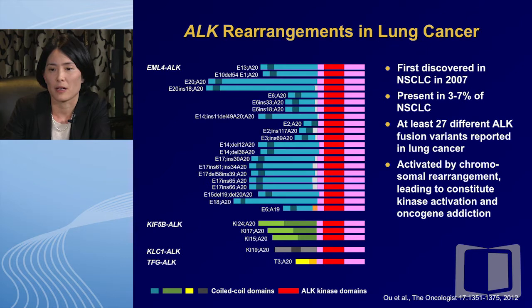Since then, there has been a lot of work done around the world to characterize the different ALK rearrangements that occur in lung cancer. And shown here are most of the known ALK rearrangements that have been reported. As you can see, the most common ALK fusion in non-small cell lung cancer is EML4-ALK. But there are other ALK fusions as well: KIF5B-ALK, KLC1-ALK, and TFG-ALK.